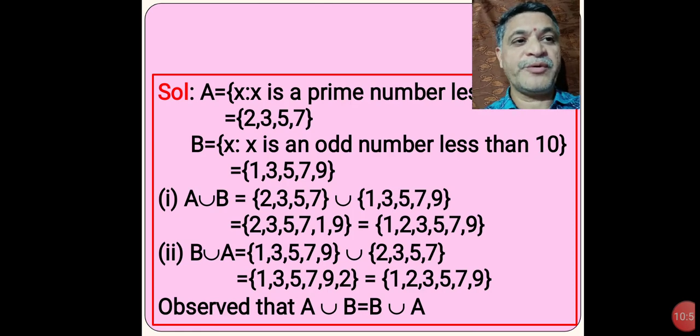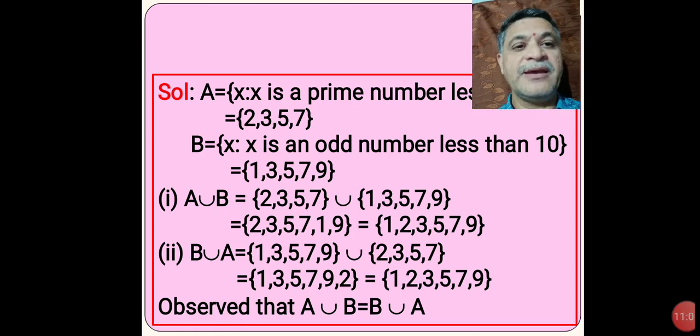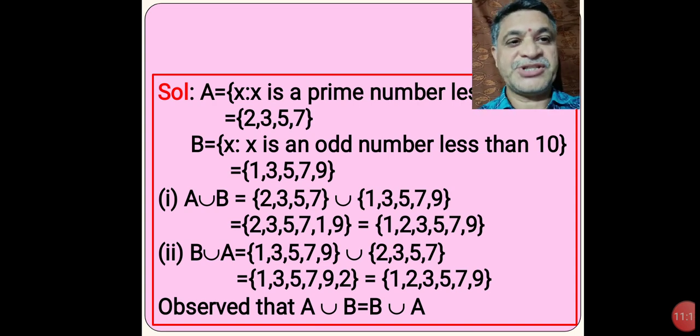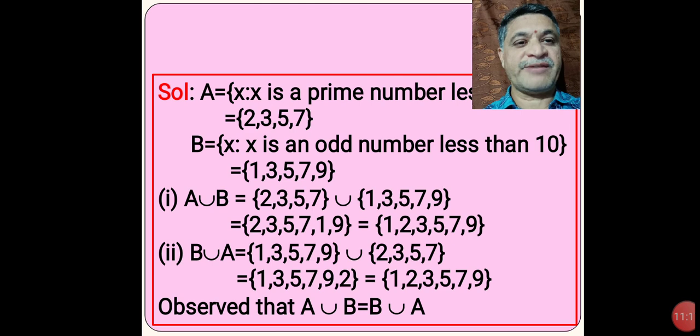Now how can we find A union B? Right, A union B: first set A, that is 2, 3, 5, 7, union, and second set B, 1, 3, 5, 7, 9. As we know, write all the elements in the first set as it is. So 2, 3, 5, 7. Then go to the second set. 1.